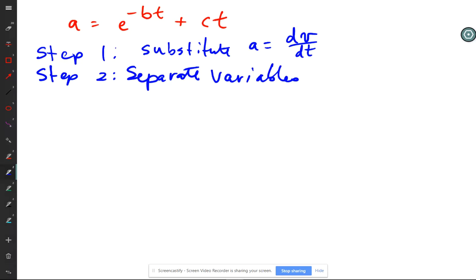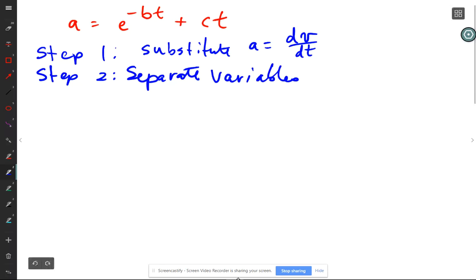I know it's my first step because I want to move to velocity and then to position. And I know acceleration relates velocity and time, so that's going to be an equation that allows me to remove acceleration and get it into the velocity, which is a step closer to position. And of course, it gives me a calculus equation because you know that I have to use calculus on this.